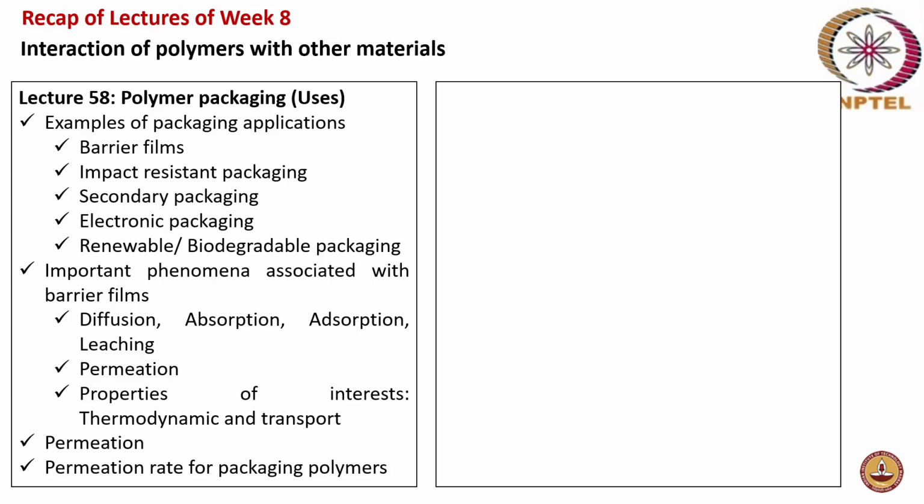Some biopolymers like starch or cellulose can be used in combination with synthetic polymers, or as standalone, for packaging. Those researches are going on, and there are some practical applications as well. So these thought processes were discussed. Then what are the important phenomena associated with barrier films? As I discussed, and as was discussed in the lecture.